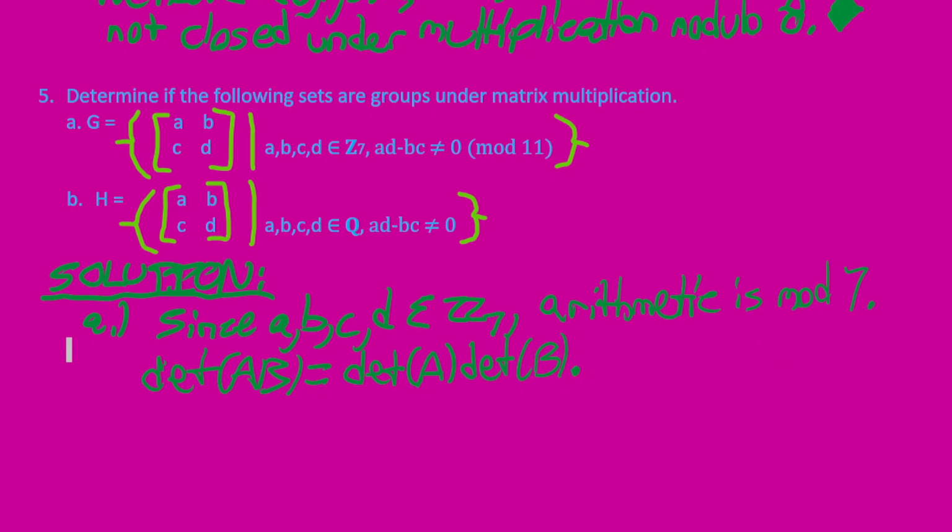So if A and B are elements of G, then the determinant of A could equal 0 modulus 11, or the determinant of B could equal 0 modulus 11.